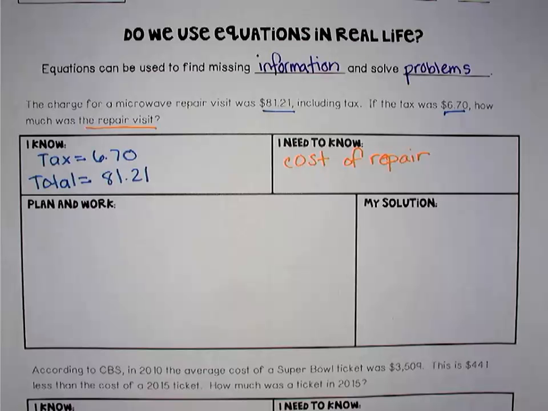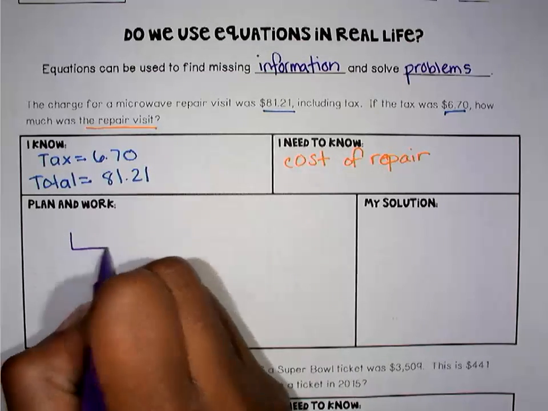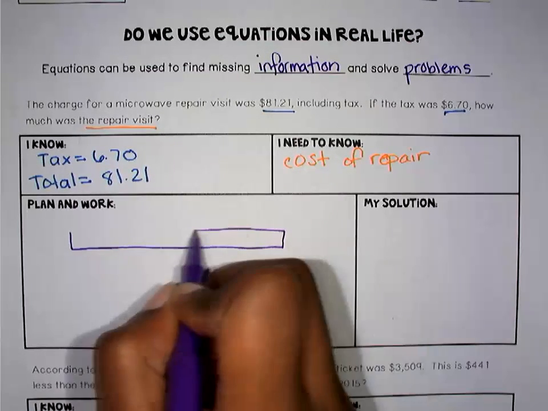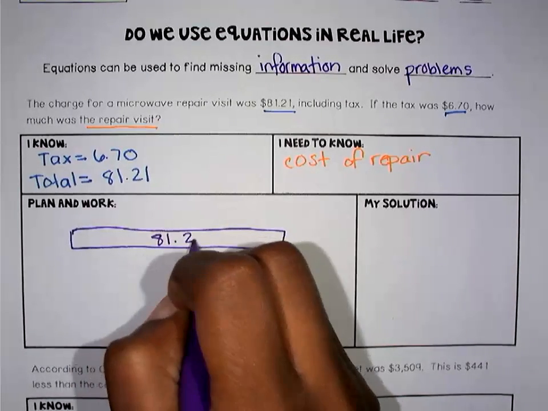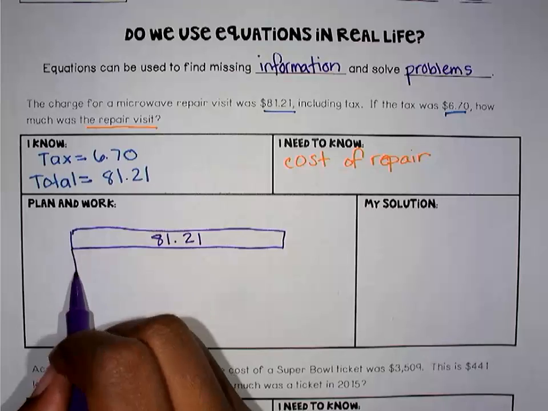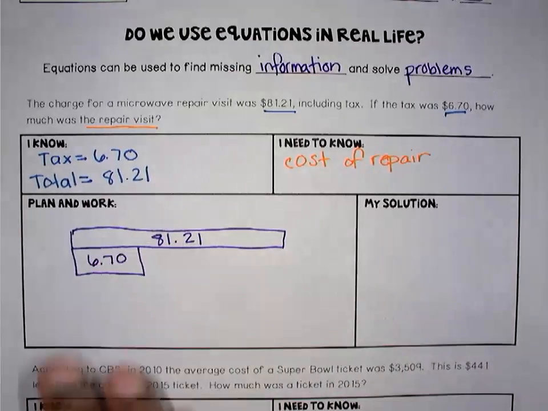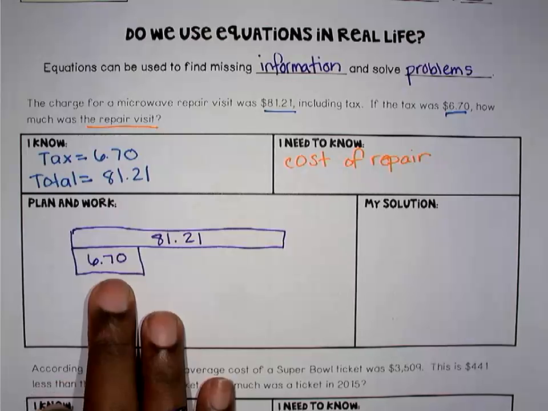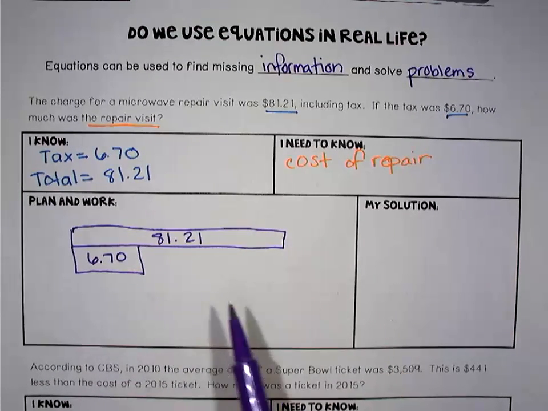So here's where you would draw and plan out your work. So this top bar right here represents the total price, which is $81.21, right? We know that much. And we know that it was $6.70 for tax. Notice that that $6 isn't really big, right? $81 compared, we talked about the model, it shows how big something is.